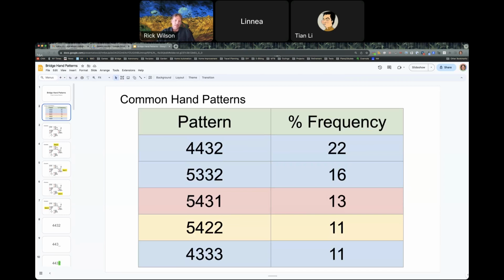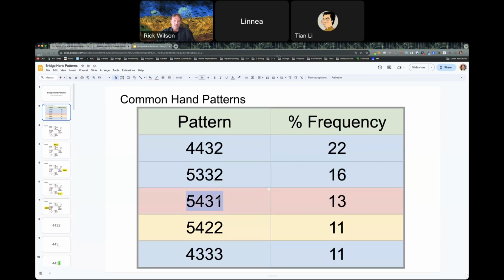You can apply them to how a suit is distributed around the table, but you can also use them to count an opponent's suit. So if you find that an opponent starts with a singleton, for instance, they are most likely going to be a 5 4 3 1 distribution.